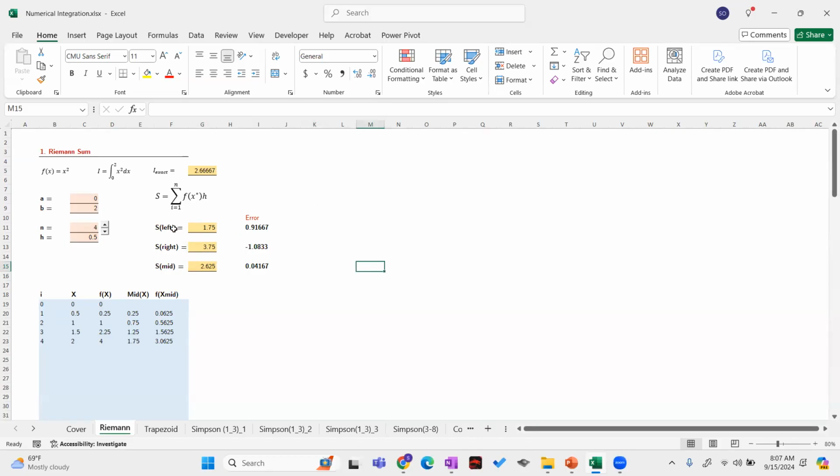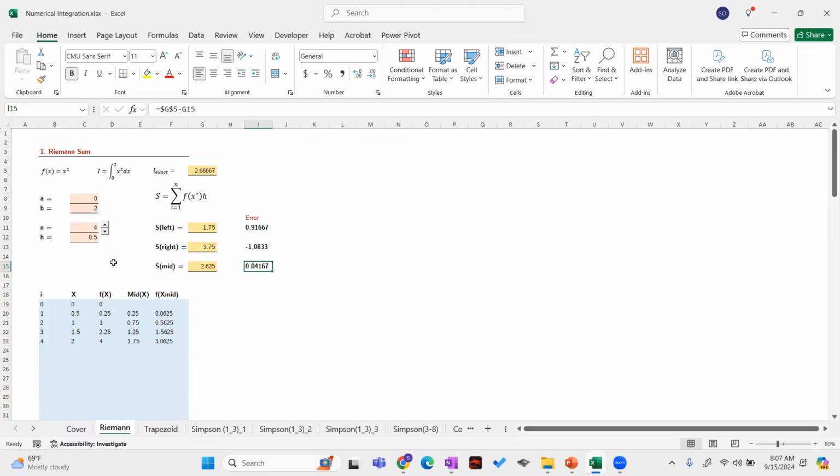So left sum would underestimate the area. Right sum would overestimate the area, you can see. And middle sum would be a little more accurate. You can already see, with only 4 steps, we divided the region into 4 steps, and the middle sum is doing a great approximation to the actual value. The error is much less.